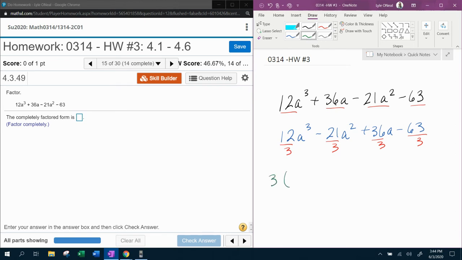So does 12 divide by 3? Yeah, 4a squared. I'm sorry, a cubed. 21 divided by 3, 7a squared. 36 divided by 3, that's 12a. And then 63 divided by 3, that is 21.